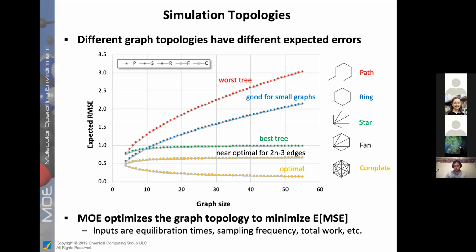So what we came up with at CCG is an optimization function, which interpolates the optimal graph between the star and the complete graph based on the computational resources you're willing to invest, so how much GPU time you're willing to invest per ligand.